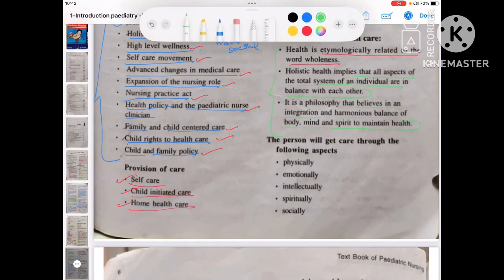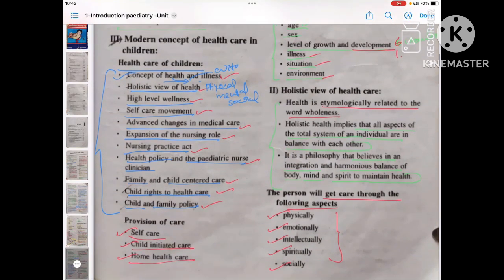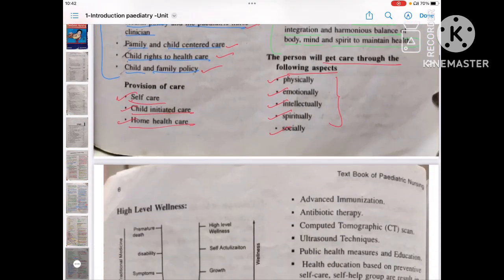The person will get care through the following aspects: physically, emotionally, intellectually, spiritually, and socially. So that comes under the holistic view of healthcare.